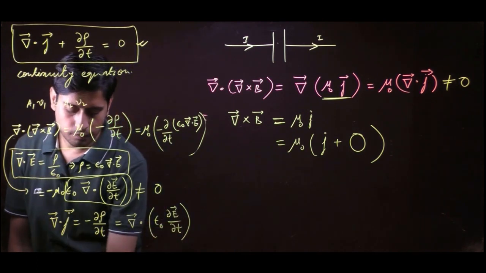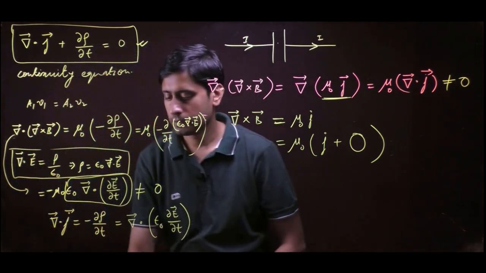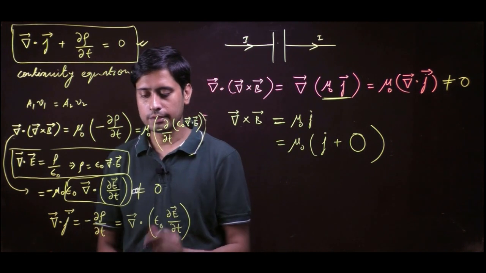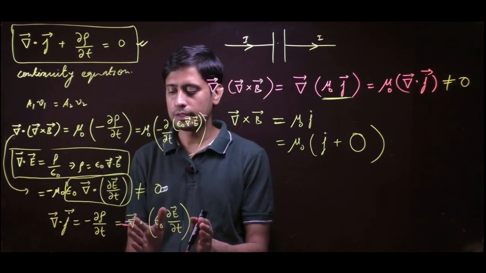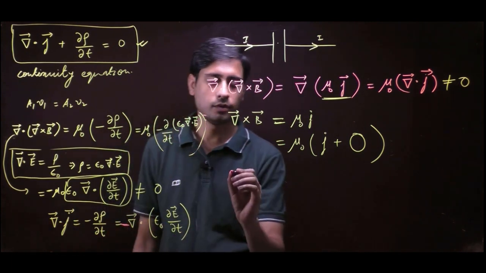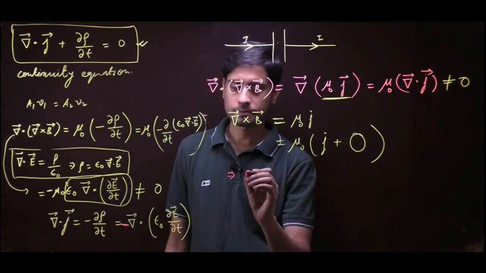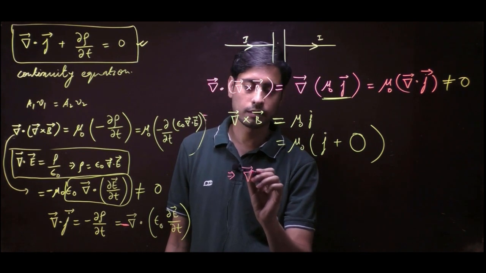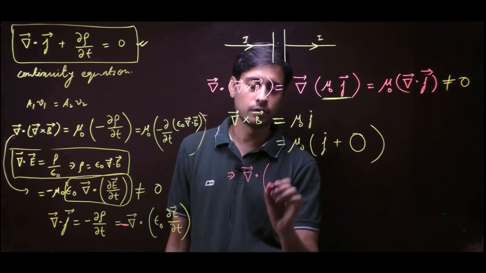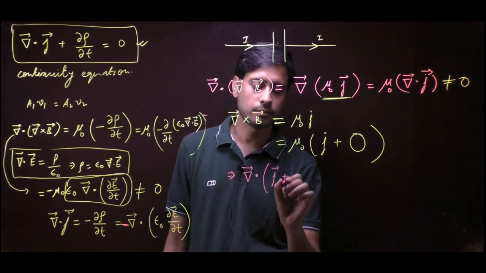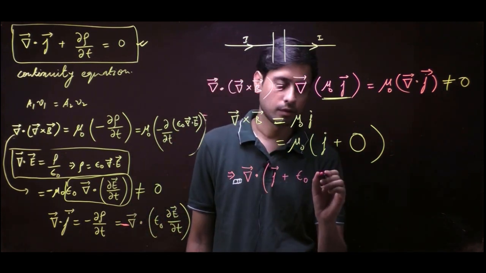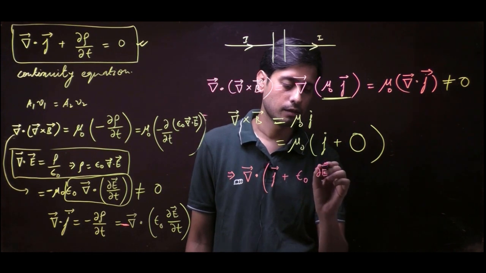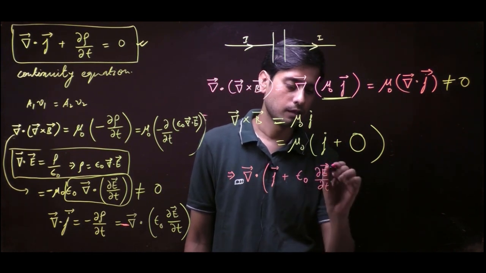There is a minus sign here. So now we will take all these terms to the left hand side, and then you will get that del dot J plus epsilon naught del E by del T equals 0.